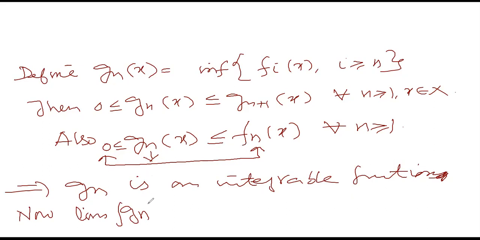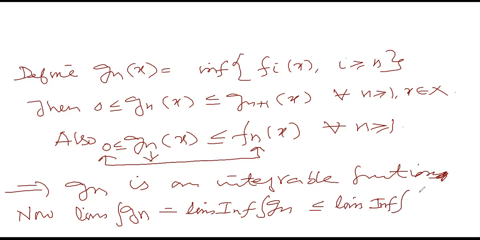So this limit is the same as the limit inferior of the integral of gn, because limit of gn exists, so limit inferior and limit superior are the same. Since gn is less or equal to fn, its limit inferior is less or equal to the limit inferior of the integral of fn.